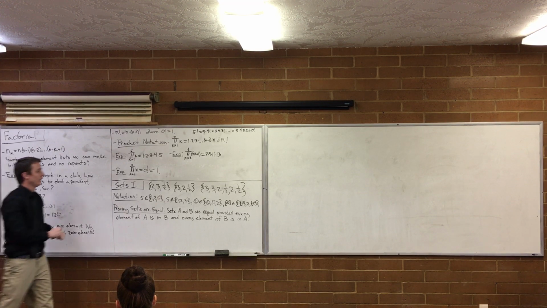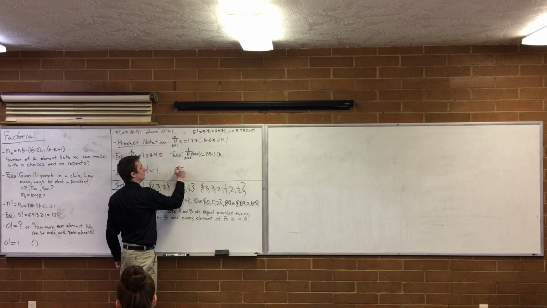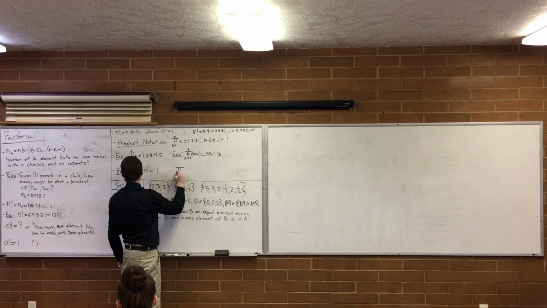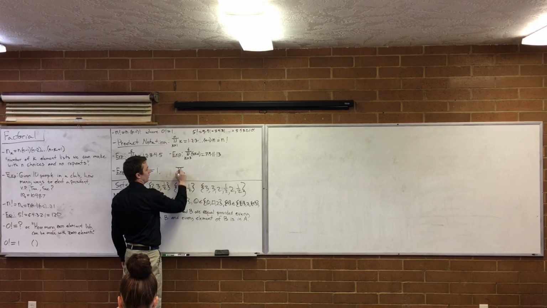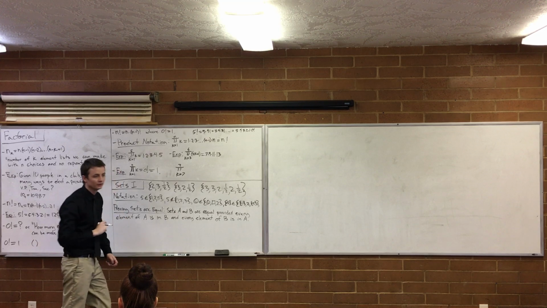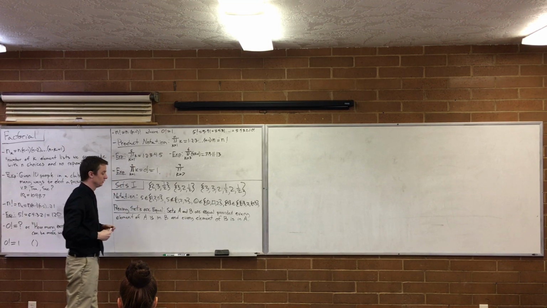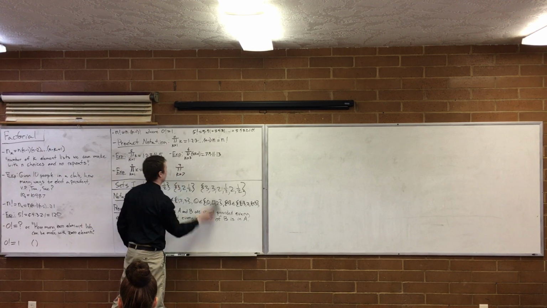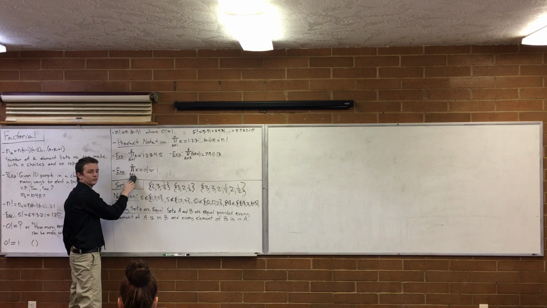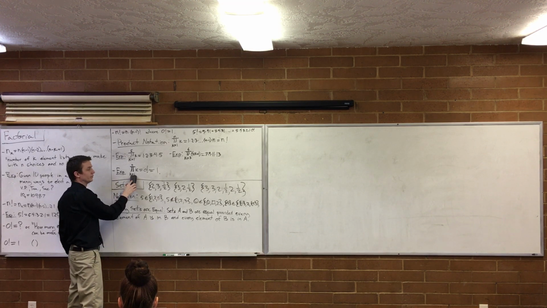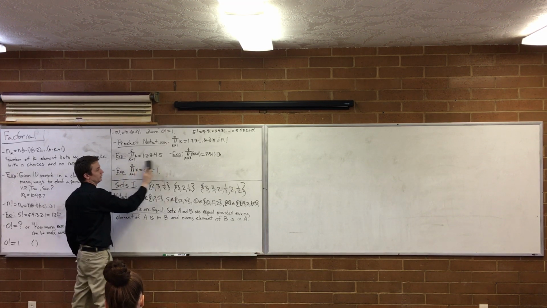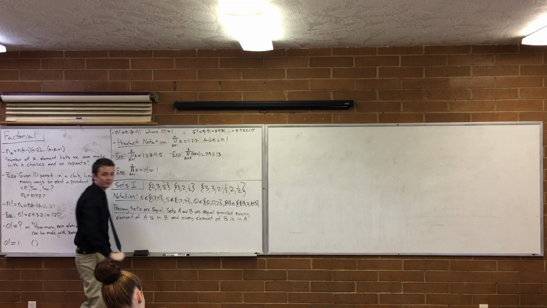But if I try to do something like the product of all the numbers from k equals 7 to 2, then yeah, we're in trouble. We don't have a way to interpret that. So here's the weirdest case that you're going to see using this product notation. In other words, here's as crazy as it's going to get. In general, you'll see it like this or like this. That make sense?